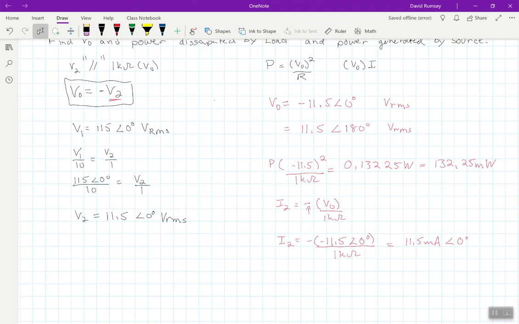All right, so now we have I2 and we can find I1. We're saying, well, N1 I1 is equal to N2 I2.